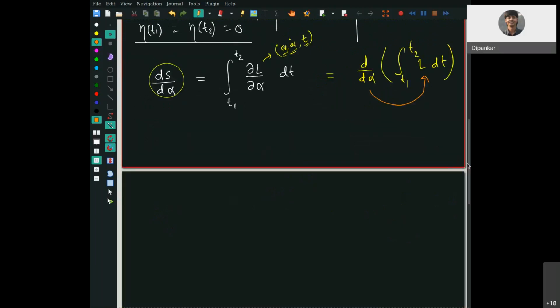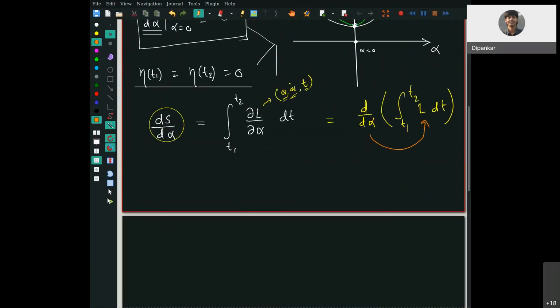Now my job is to calculate this ∂L/∂α at alpha equals 0. What I am dropping here implicitly is that I am evaluating everything at alpha equals 0, that means along q0.